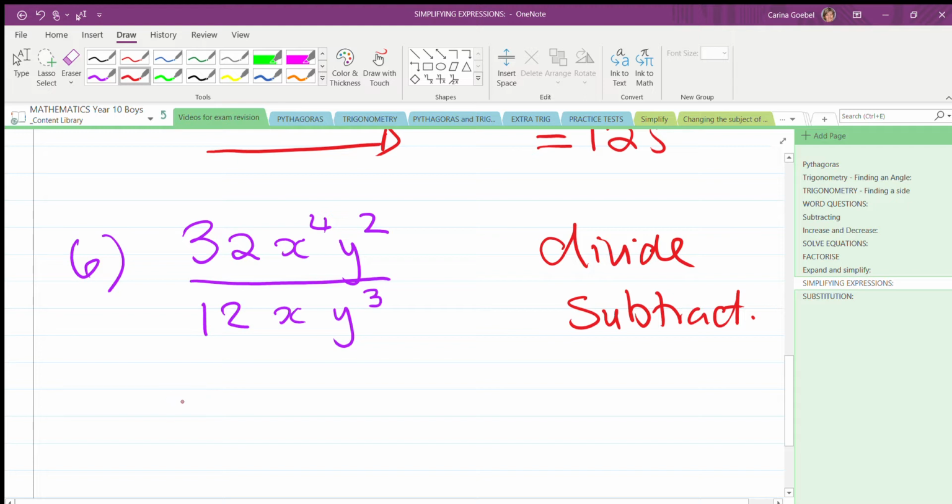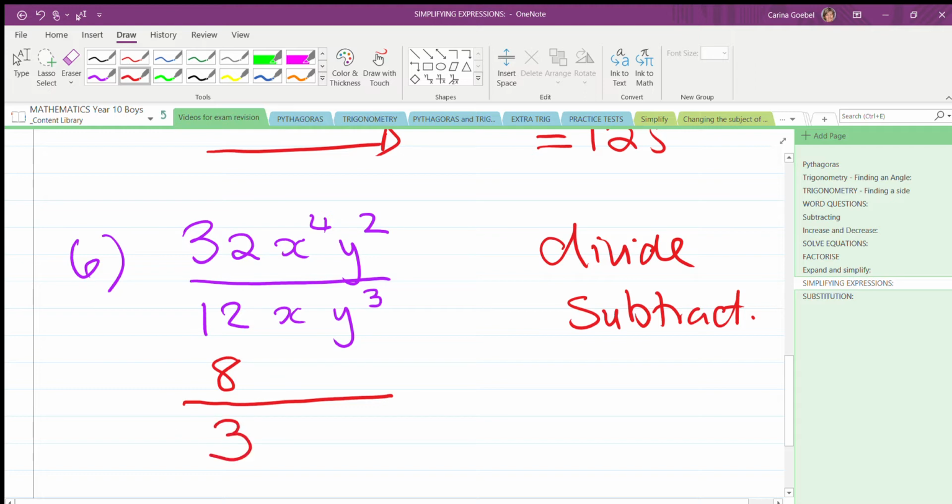Therefore, the first thing I suggest you do is put down a line. Then find out what number can divide into 32 and 12. 32 divided by 4 gives you 8, and 12 divided by 4 gives you 3. So that simplifies to 8 over 3.